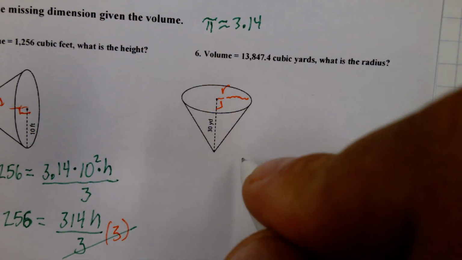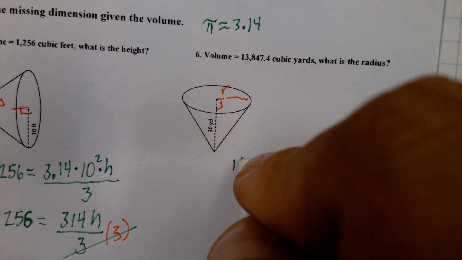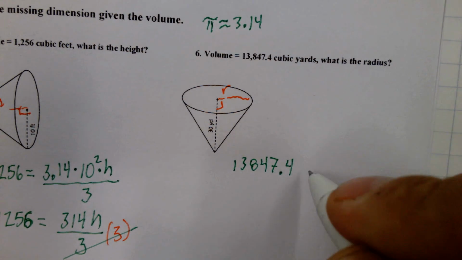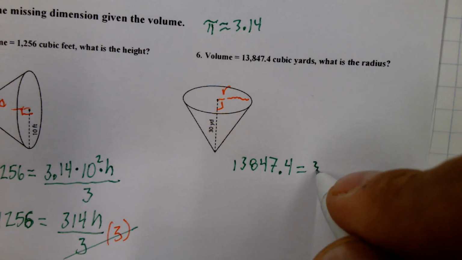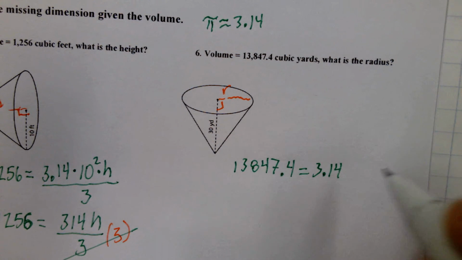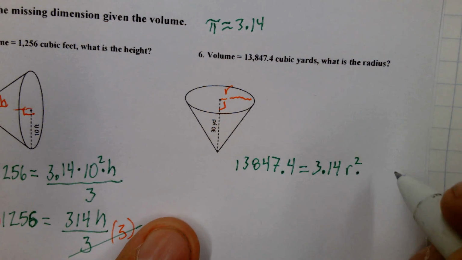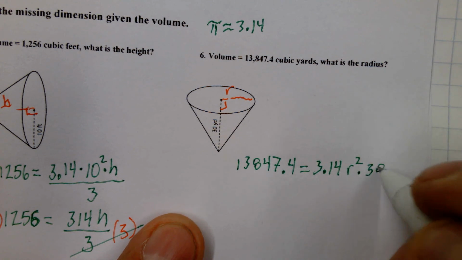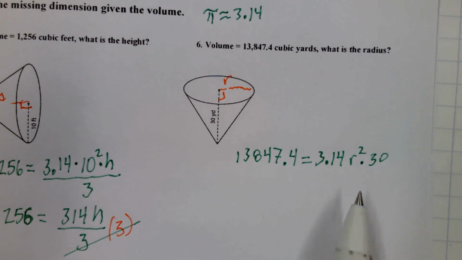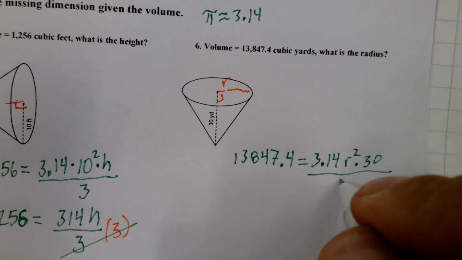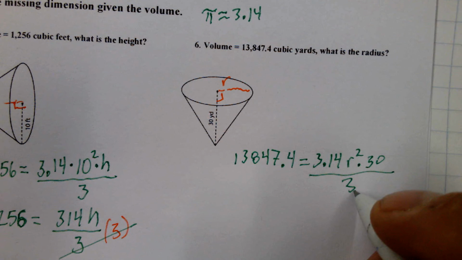So we know the volume is 13,847.4 equals 3.14 for pi times r squared, which we don't know, times the height, which is 30. Okay. So the first thing we want to do is simplify 3.14 times 30. That's 94.2. Oh, divided by 3. That's important. Divided by 3.